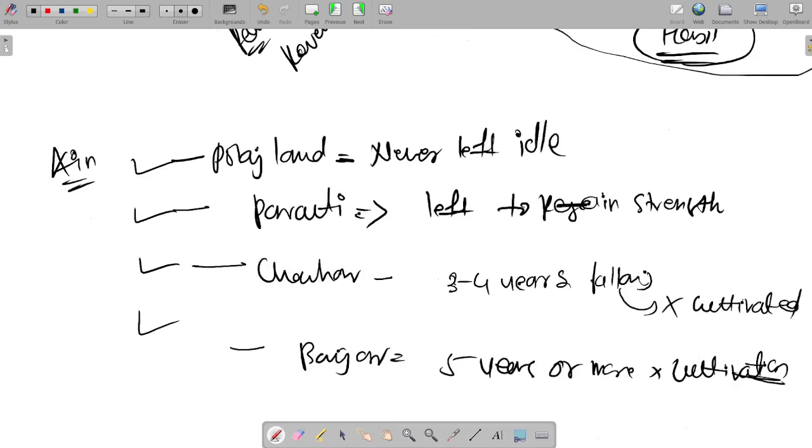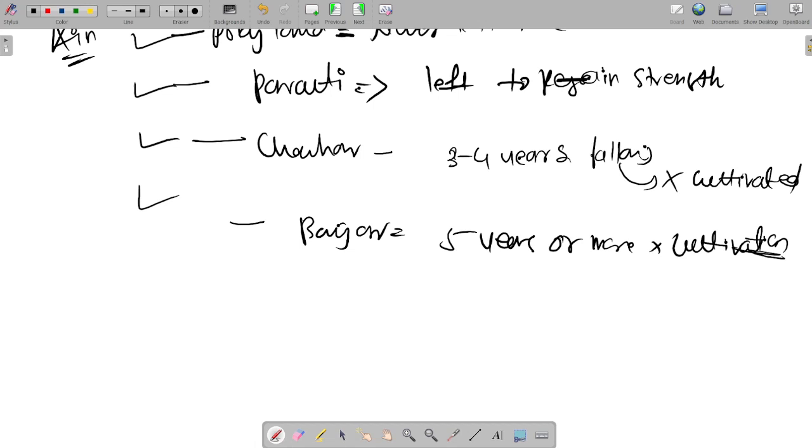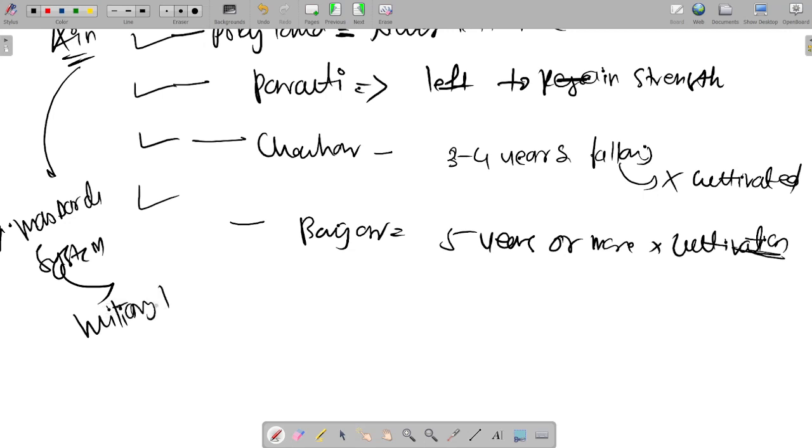The Ain-i-Akbari has also mentioned the Mansabdari system, which is a military plus bureaucratic system.